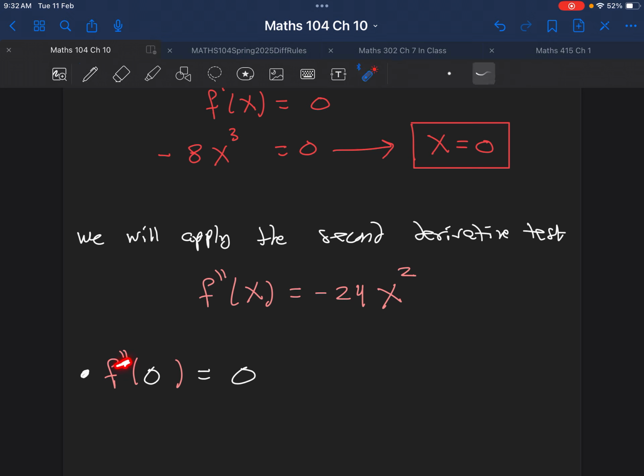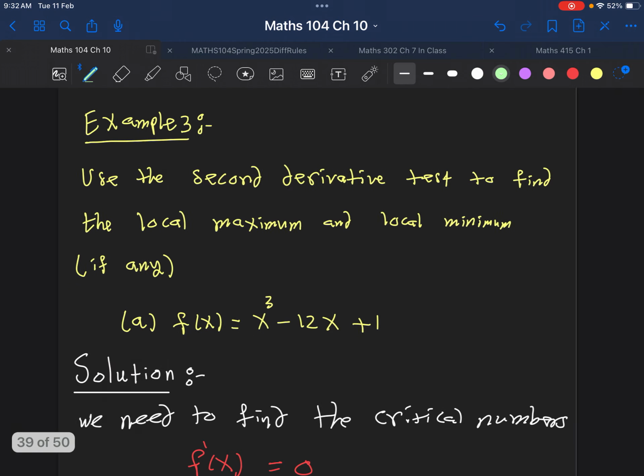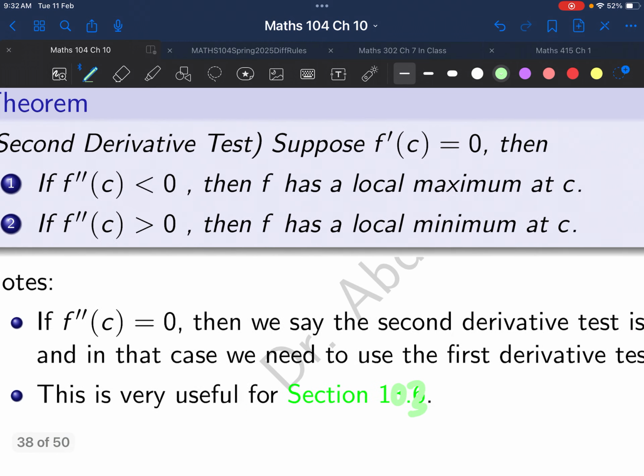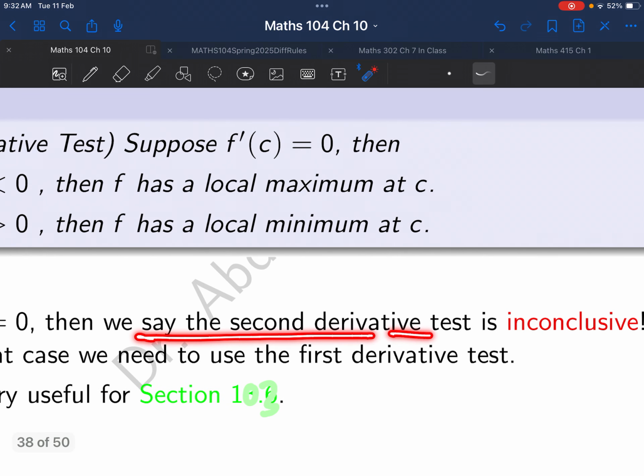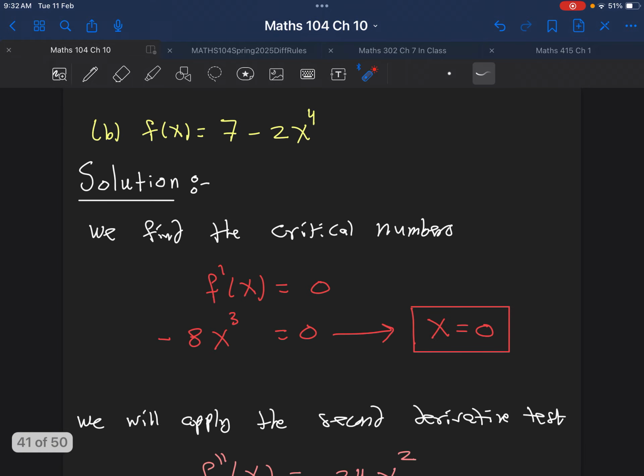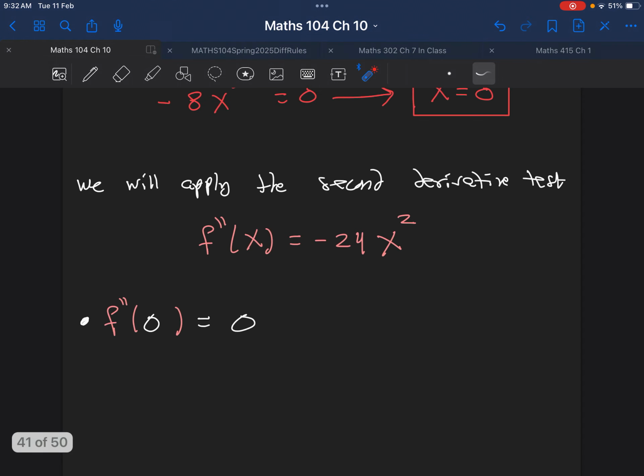I will get 0. Remember, if we get 0, which is not positive, not negative, we will stop. If I go to the formula again here, if the second derivative again is 0, we say that the second derivative test is inconclusive. And what we need to do is go back to the first derivative test.